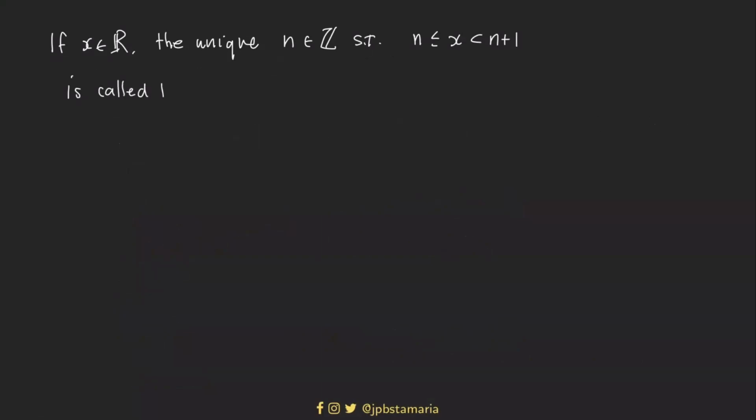Kasi if x is a real number, the unique n such that this is true is called the floor of x, yun yung pangalan, denoted by ganito yung notation. Parang absolute value pero may paa.